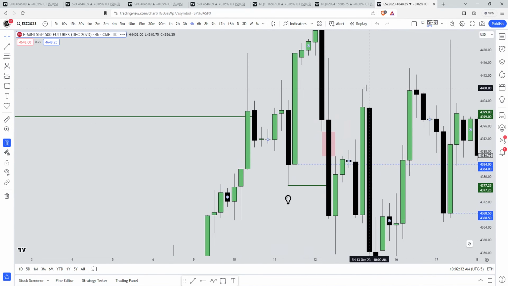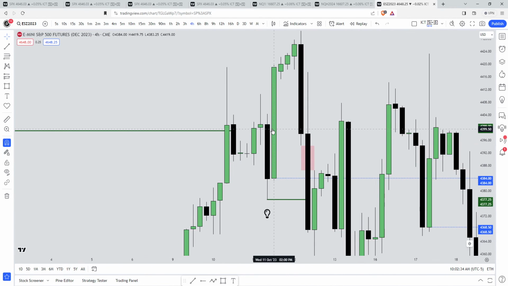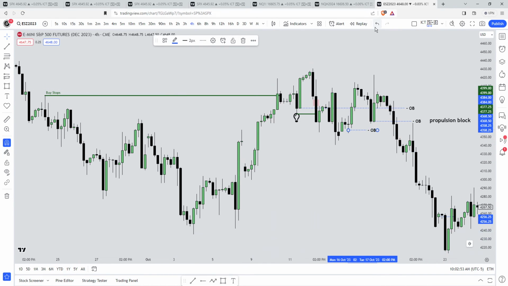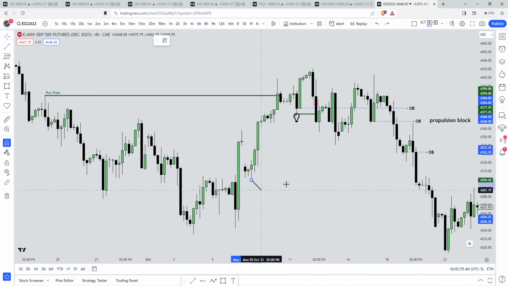And really, for a valid change in the state delivery, see how there is 4 in a row right here? Well, I'd wait for price to close beneath all 4 up close candles. So once price closes beneath the order block, see how there's 4 up close candles in a row? Once it closes beneath this one right here, that creates a change in the state delivery, indicating a potential smart money reversal. And what this indicates is that the market's going to start offering sell side.